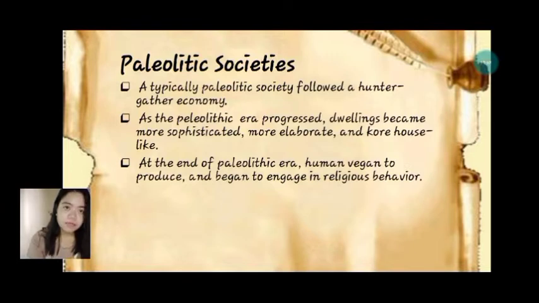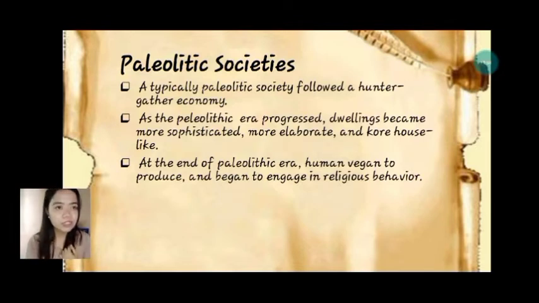So, sinasabi na yung humans hunted wild animals for meat and gathered food, firewood, and materials for their tools, clothing, and shelter. As the Paleolithic era progressed, dwellings became more sophisticated, more elaborate, and house-like.